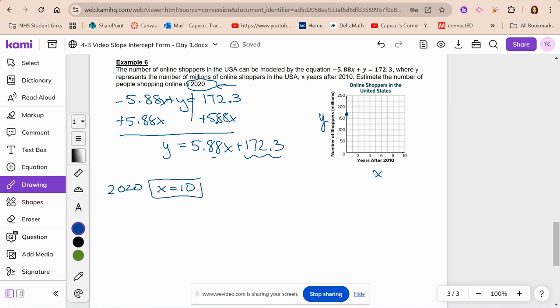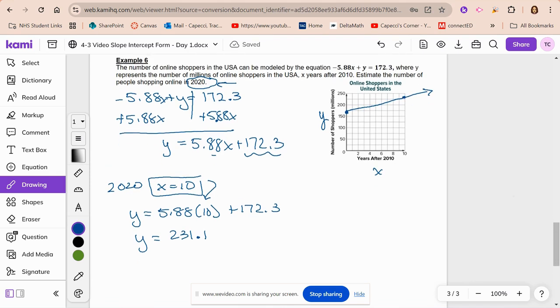So instead of using slope-intercept form, I'm going to take my original equation and substitute 10 in wherever I see an x. I'll use my calculator, and I end up with y equal to 231.1. So I'm going to go to 10, right? x is 10. And I'm going to plot that. So it's going to be a little bit there. In graphing the line, I'm going to use those 2 points, and then I'm just going to draw a line through.